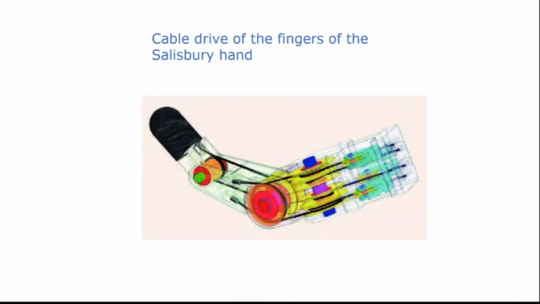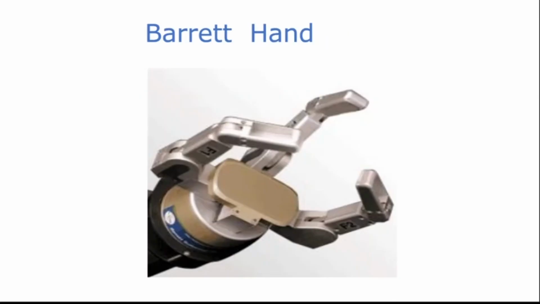This is showing the internal construction of the finger motion. There are cables going through the pulleys and then connected to particular joints. Like this is connected here, and this one is connected through the cable here. So when this cable tension changes, this joint will move. That is how the fingers of a multi-finger hand move.